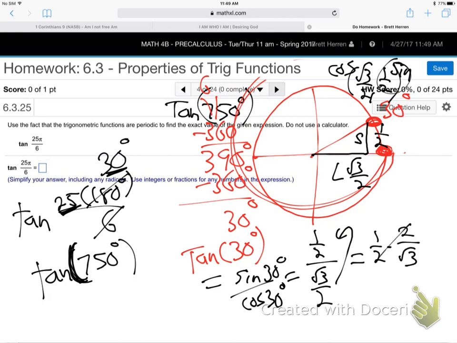The 2's cancel. 1 over root 3, but we can't leave our answer that way. What do we have to do? Yeah, multiply by root 3 over root 3. And we get root 3 over plain 3. Is that on the screen? There we go.